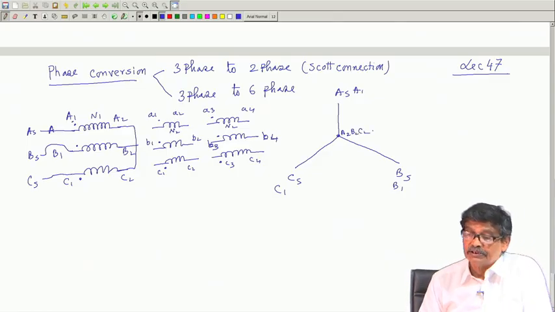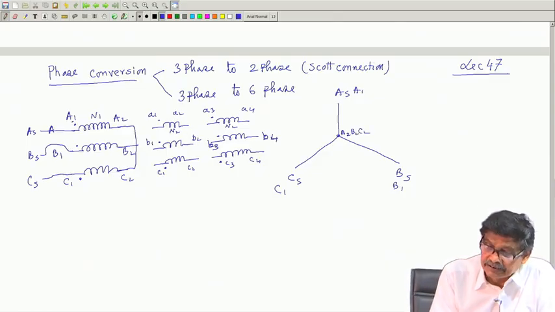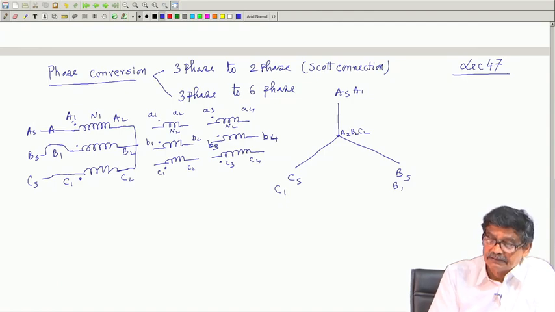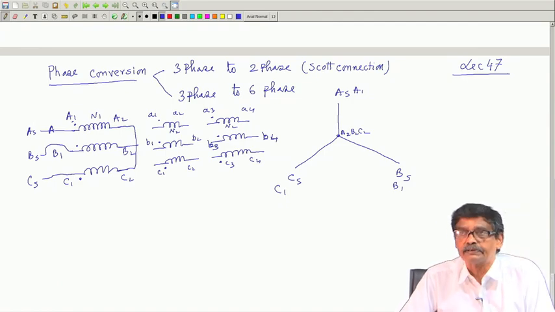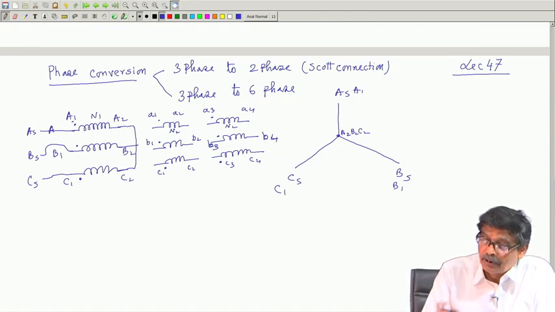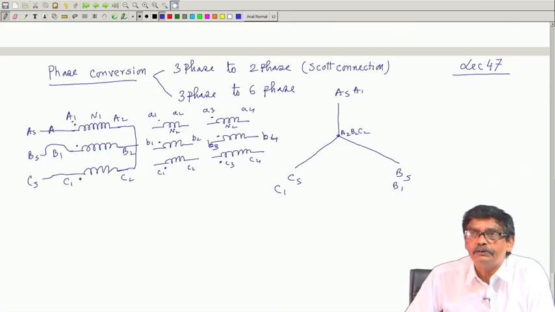Now you connect the secondaries, these 2 groups, in stars, but one connection you make Y by 0 and the other as Y by 6, and you are done.